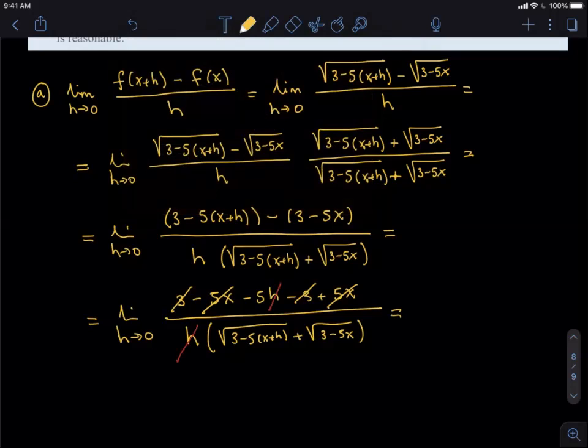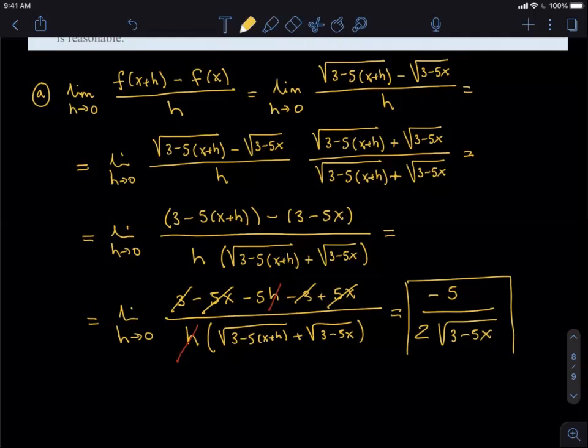As h tends to 0, the numerator is -5. And the denominator, as h tends to 0, the x plus h becomes x, and I have twice the square root of 3 minus 5x. And this is my formula for the derivative.